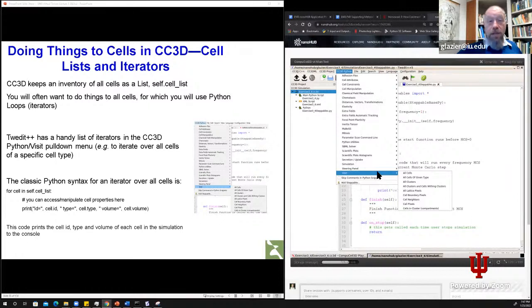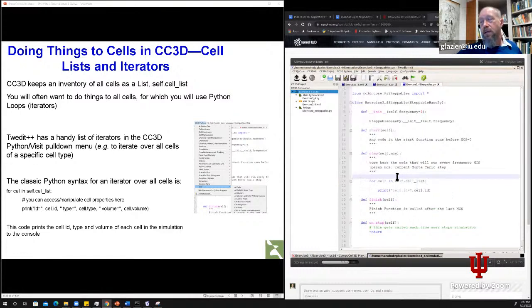I can iterate over the neighbors of a cell. I want to know who I'm next to. Am I next to cells 1, 15, 37, and 29 or not? All the cells in a pixel, all the pixels within a cell, and again, all of the components of a cell. For the moment, we're going to focus on all cells and occasionally cell neighbors.